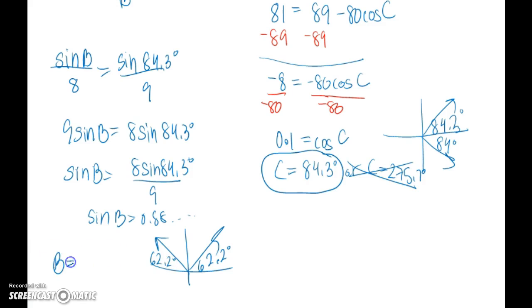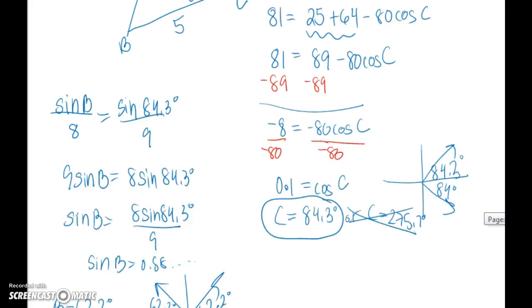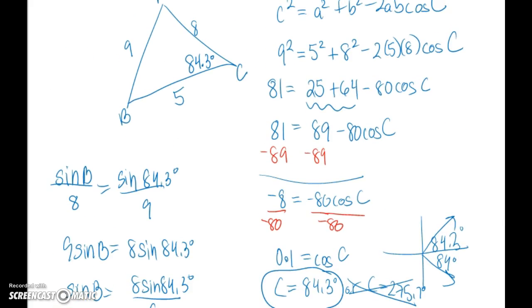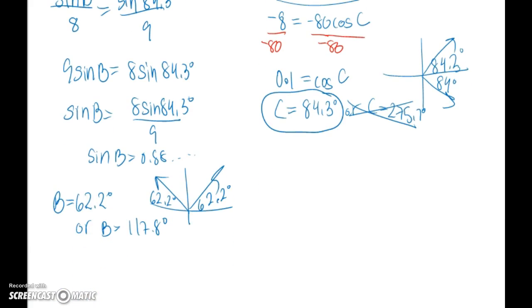So one angle measure for angle B would be 62.2 degrees, or angle B could be that subtracted from 180, which is 117.8 degrees. But as I was saying earlier, angle C is the largest angle because it's across from the largest side. And so the other angles have to be smaller than 84.3. So 117.8 doesn't work, 62.2 does.